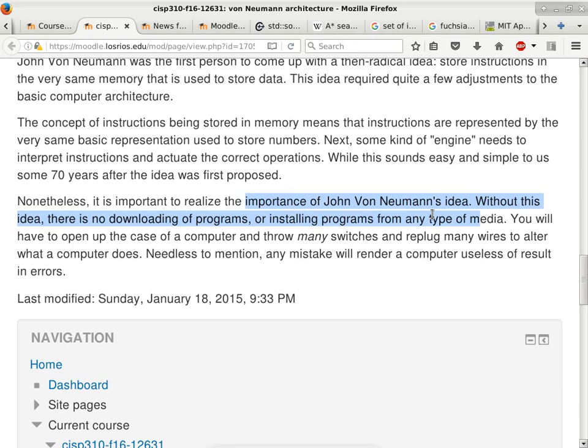So after EPROM is EEPROM, double E PROM, that's how it's called. So the PROM part is still the same. It is erasable, programmable, read-only memory. The extra E stands for electrically. So now it is not based on UV, it is electrically erasable, programmable, read-only memory, okay?